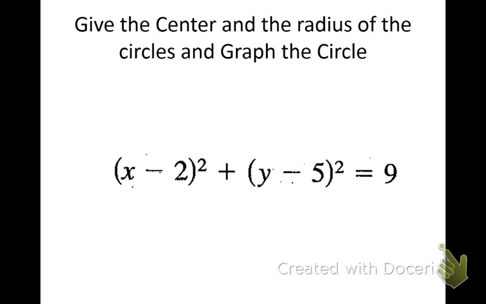All right. Give the center and radius of this circle. Seth, give me the center. 2, 5, yeah. The center is (2, 5).